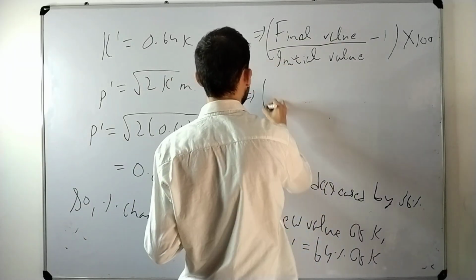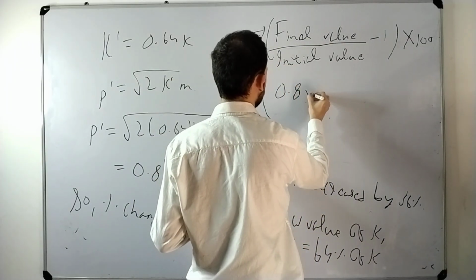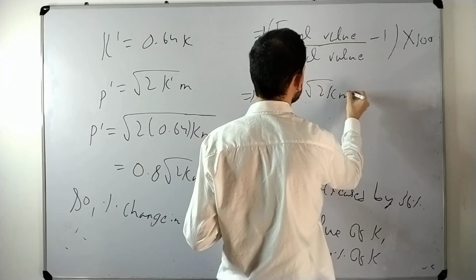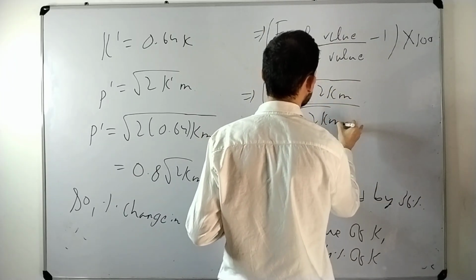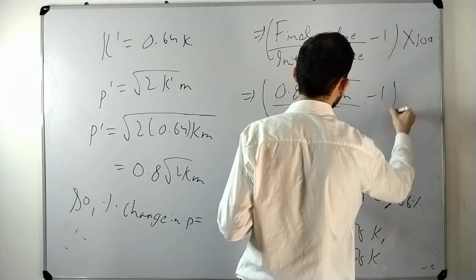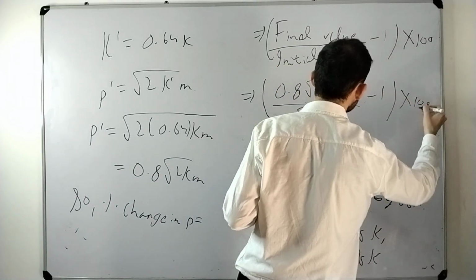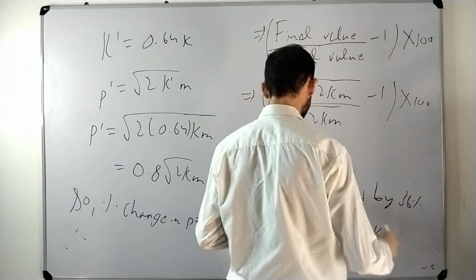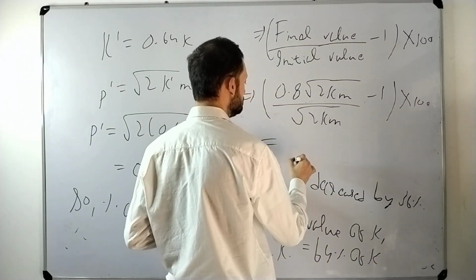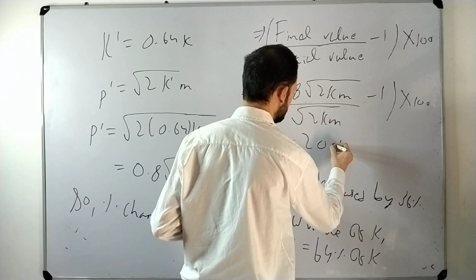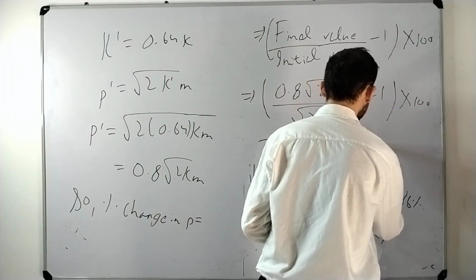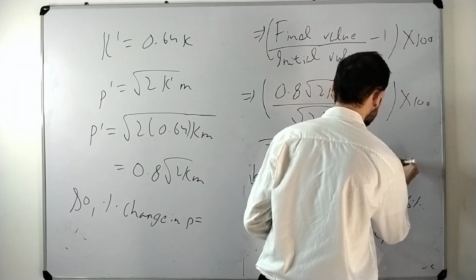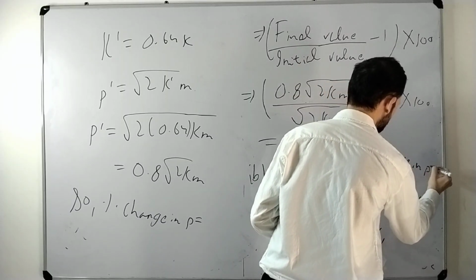What are the values? 0.8 root 2 km under root 2 km minus 1 into 100. This happens to give minus 20%. So decrease is happening. Decrease in P.